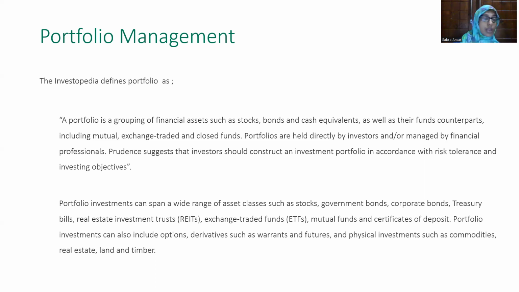The real estate investment trusts are also called REITs. These are ETFs. Also mutual funds and certificates of deposit, all these things will be included in a portfolio. And portfolio investment generally includes options, derivatives, warrants, and futures. And also issue.